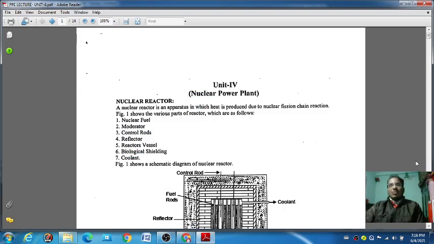So in a nuclear power plant, the main thing, the first one, is the nuclear reactor. What is a reactor, and what is the main purpose of using reactors in a nuclear power plant, or in other industries that also use reactors? Remember, what is a reactor?